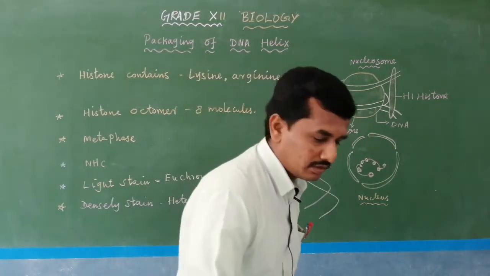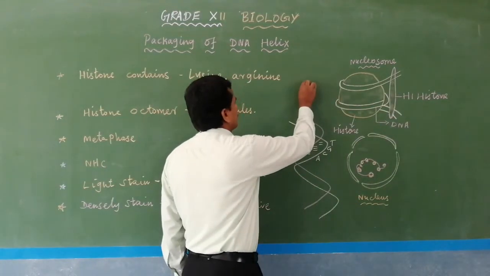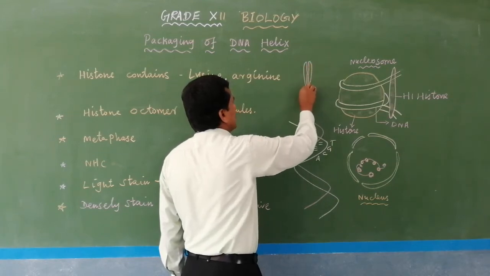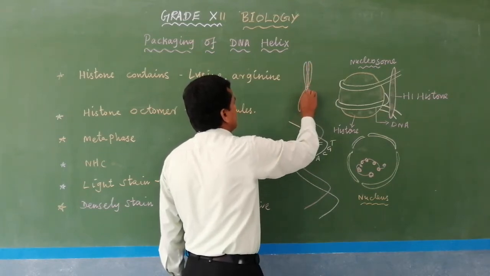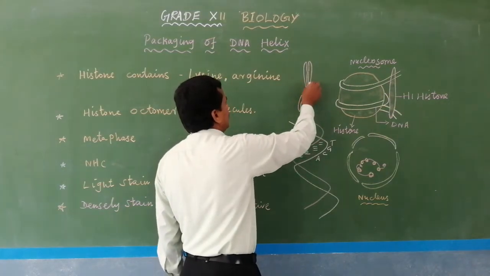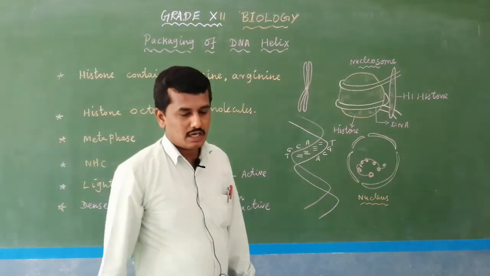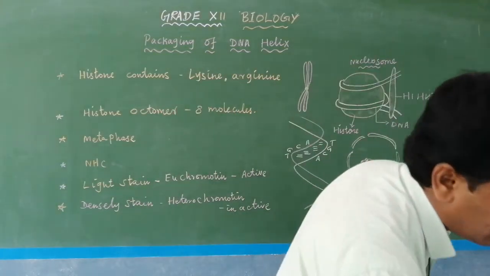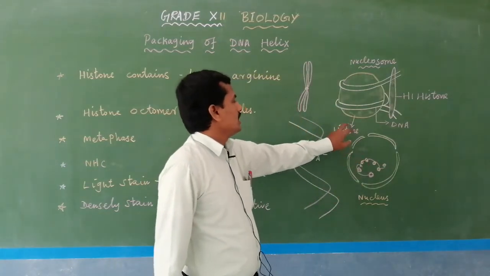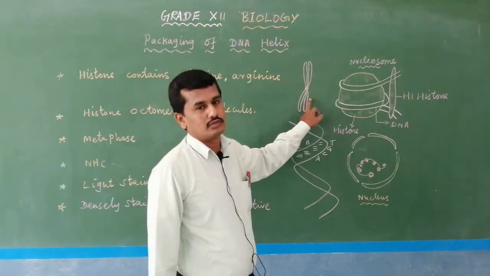You know the structure of chromosomes: this is the centromere and the chromatids. You have already studied this in earlier classes. The chromatin reticulum is slowly converted into chromosomes during the cell division stage.